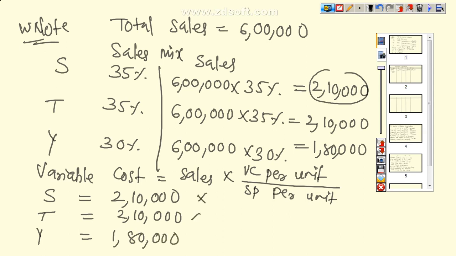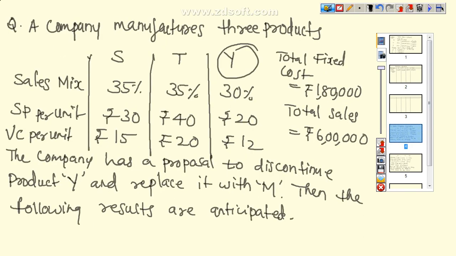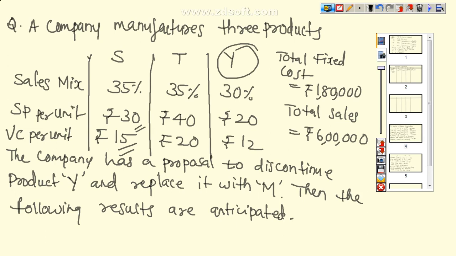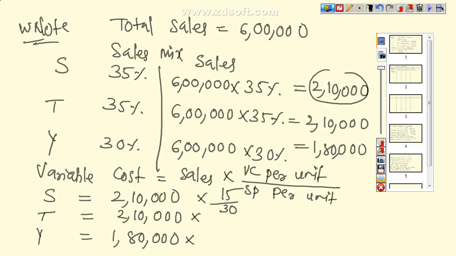Into variable cost per unit. Variable cost per unit for S product is equal to 15 and selling price per unit is 30. So we write here 15 upon 30. And for the second product, 20 upon 40.